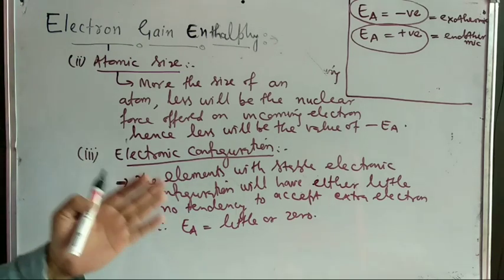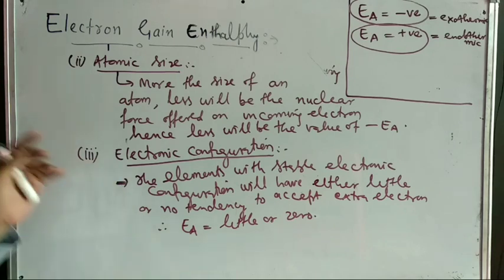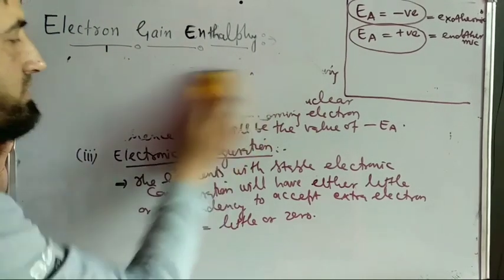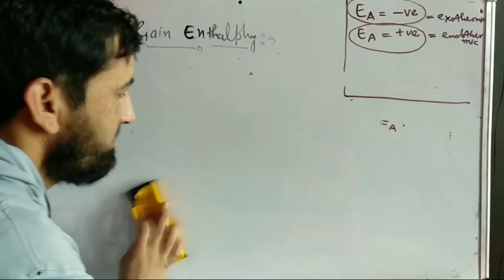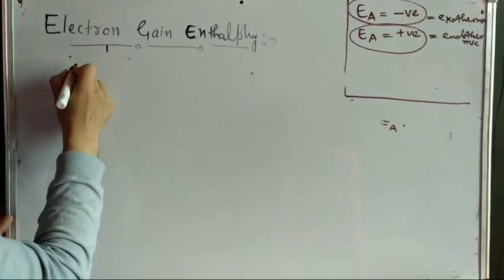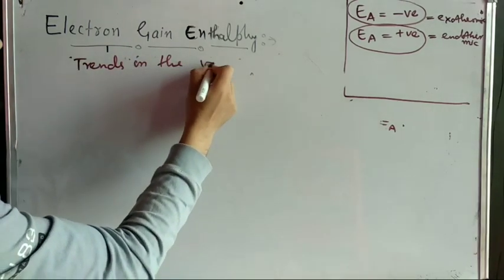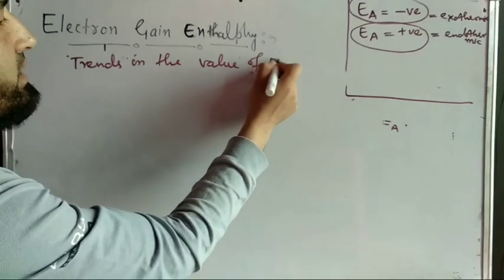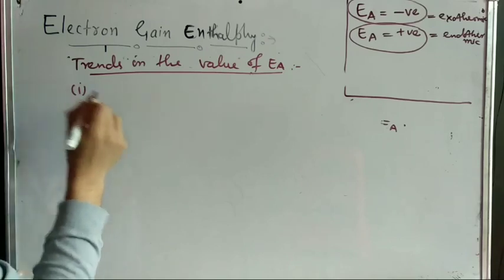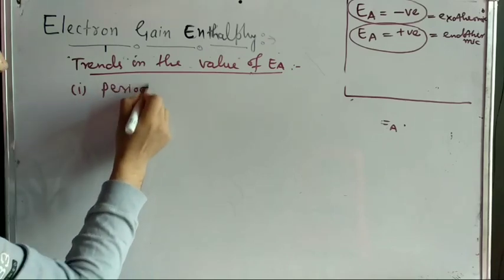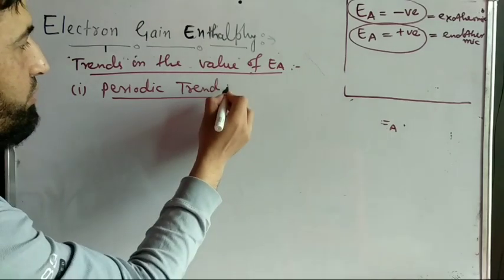Now we will discuss the trends of the electron gain enthalpy down the group and across the period. First of all, we will discuss the periodic trend, that is, if we move across a period.